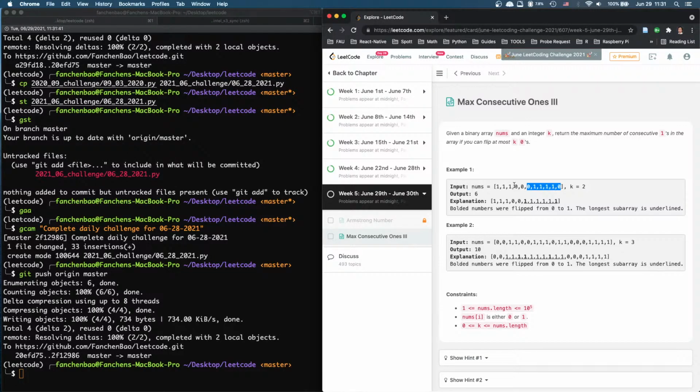We're going to take the 0, and the remaining we can call k equals 2 or k equals 1. Keep going. Take the 0, the remaining 1, 1, 1, 1, 0. We can call k equals 2 and k equals 1.